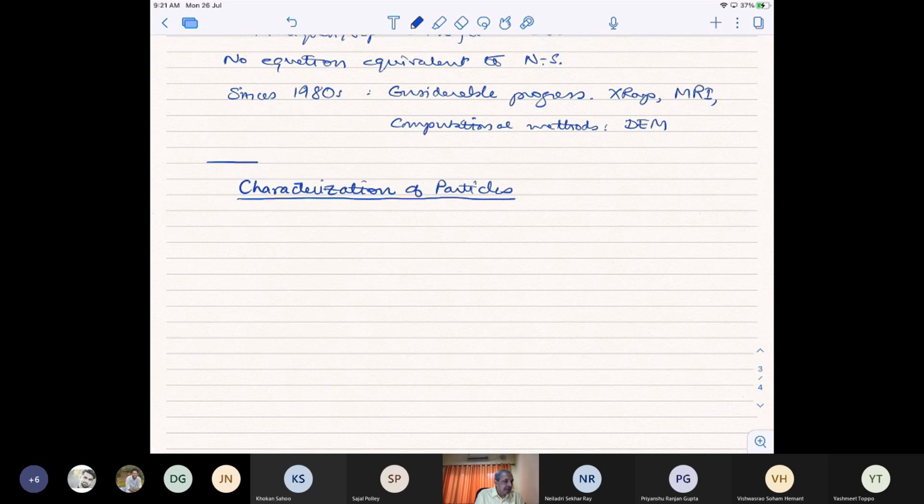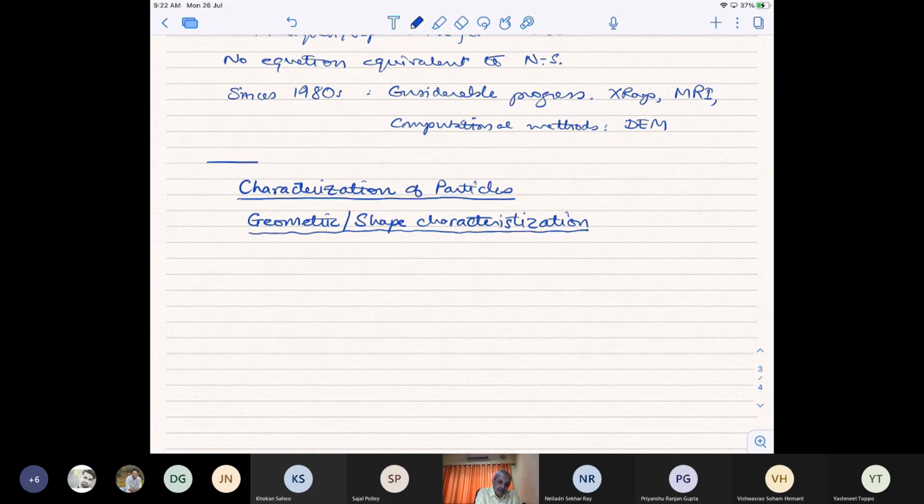But first, let me just start with geometric characterization or shape characterization. Here, there are not so many quantitative techniques, but there are more qualitative. As you know, we've seen so many different examples.